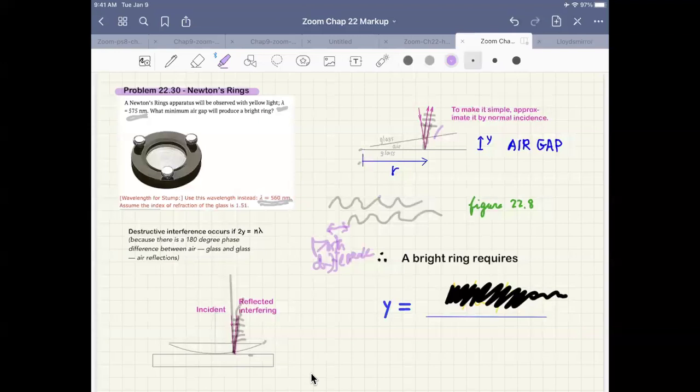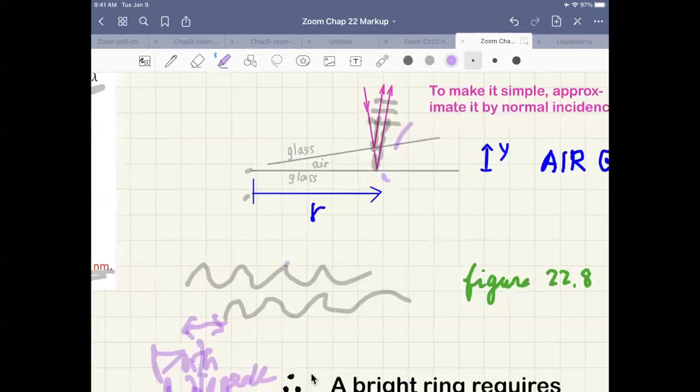Now, it's actually not quite that, because there's a 180-degree phase change for light reflecting from air into glass. So here, light is going from air into glass, and there's a 180 degrees extra change of phase on that reflection.